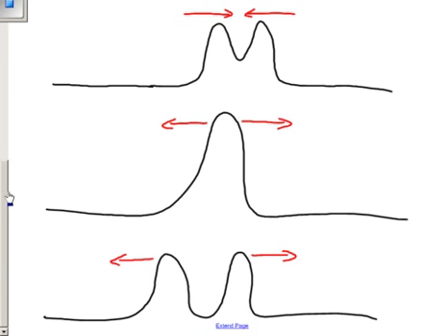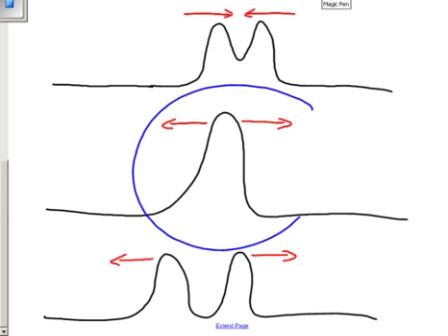Now, a couple things. These waves are always moving along at the same speed, but what's weird is, let's have a look right when they're crossing each other, right in here. What happens is they add together, but at that instant, they look like one wave, even though they're going in different directions.